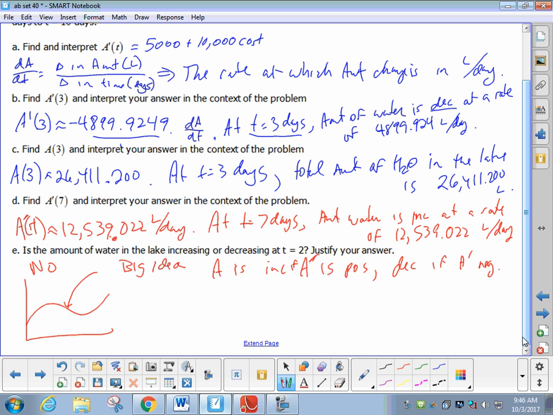Please don't say, I'm going to find the amount at time 2, and then the amount at time 1, and say, see, it went up. No, that's not instantaneous. That's average change, all right? So it's the derivative at the instant.